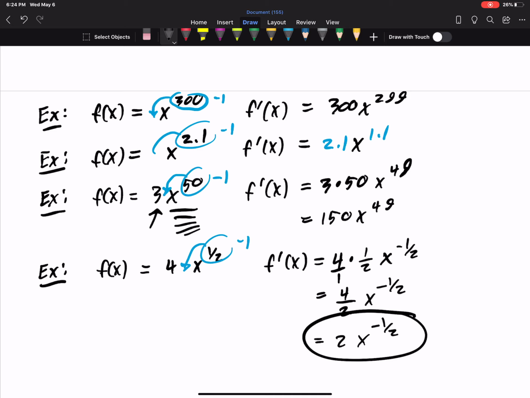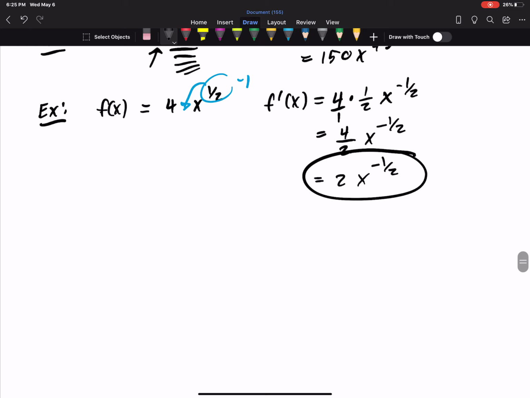Pretty straightforward. Take your exponent, multiply by whatever's in front, subtract 1 from your exponent, done. This is the easiest math rule you'll ever learn, and once you do like 5 of these, you'll never forget it, because it's just that easy. Okay, now we're going to talk about the linearity of the derivative. So if I were given a function, so linearity of the derivative.